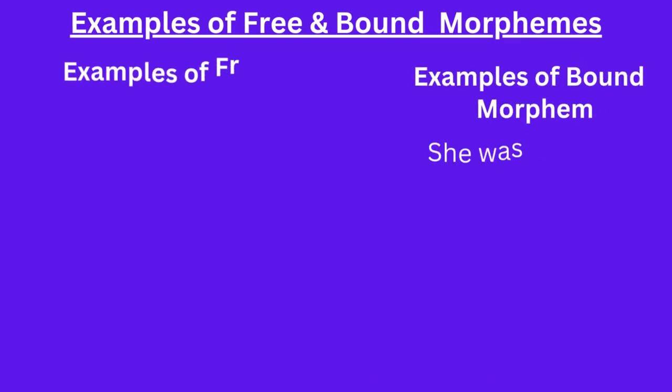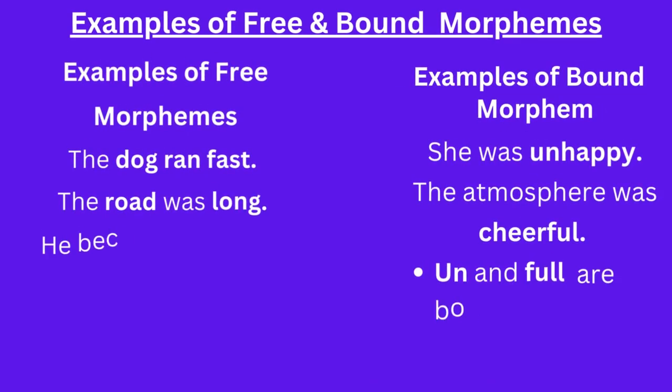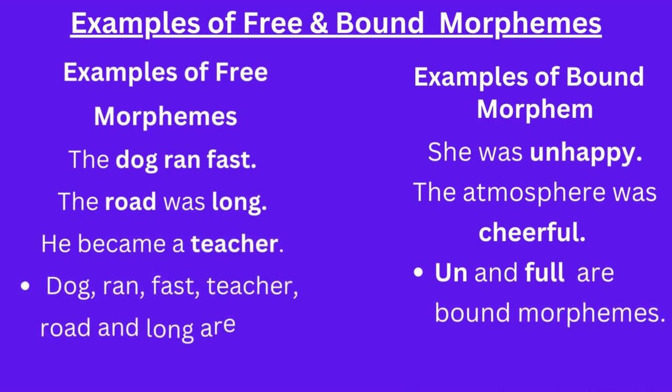Let's try to learn free and bound morphemes by having a look at a few examples. First, we have the examples I mentioned in our previous slide. The dog ran fast. Here, dog, ran and fast are all three forms of free morpheme. Similarly, we have the road was long. Here road and long are also examples of free morphemes.